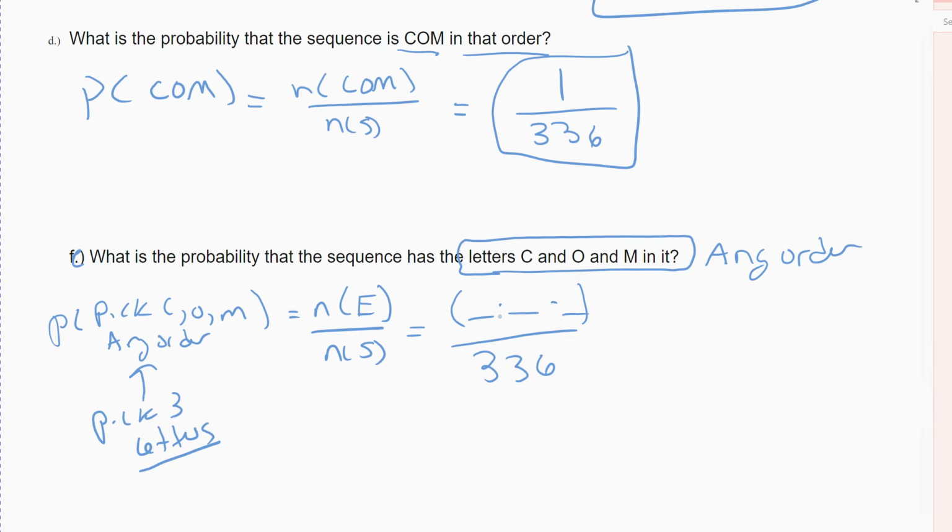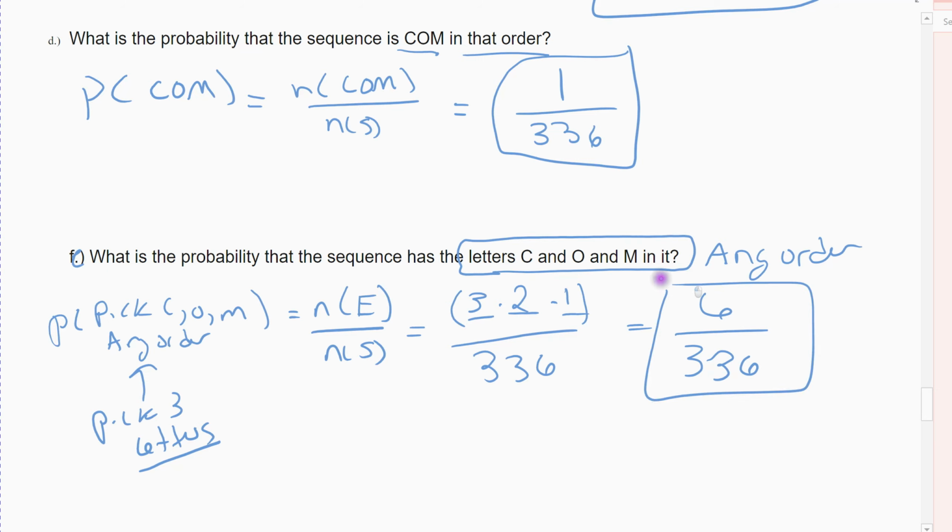For the first spot, I could pick C, O, or M. So there's 3 choices for the first spot. But now I've picked one of them. So I picked O for the first spot, which means I only have C and M for the second spot. Once I've picked 2 of the letters, there's only 1 left over for the third spot. And so my event is 3 times 2 times 1, so there were 6 outcomes out of 336 that contain C, O, and M. Or if I write the decimal approximation, 0.1786.